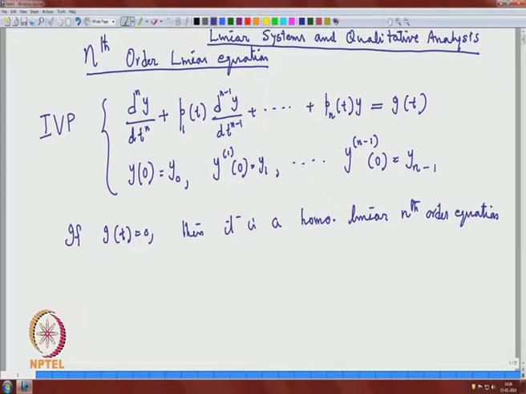What I am saying is that such a linear nth order equation can be converted into a first order system. How do you do that?